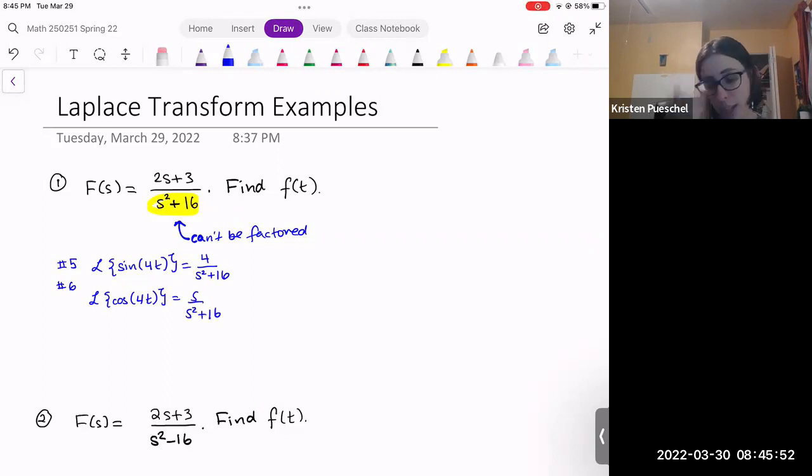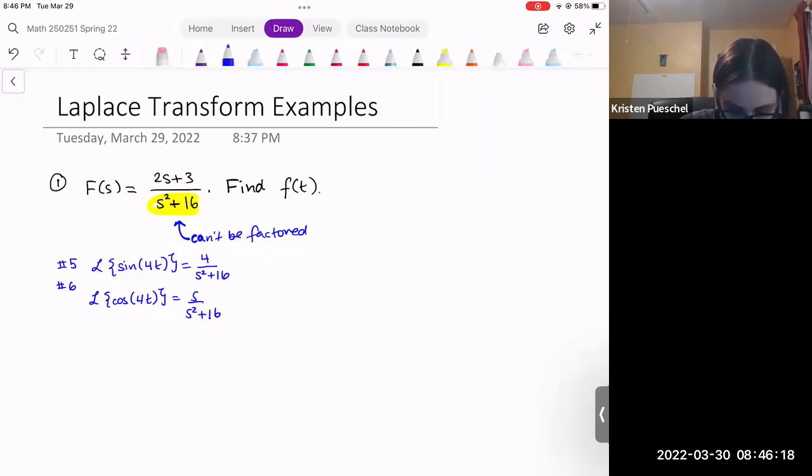Okay, and when we look at this expression, we see some s's, we see some constants on top. What we're going to do is break up our numerator so that we have two pieces. One where, when we take the inverse Laplace transform, we see a sin(4t), and one where, when we take the inverse Laplace transform, we're going to see some multiple of cos(4t). So F(s) here is (2s + 3)/(s² + 16).